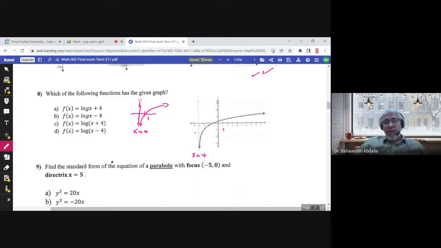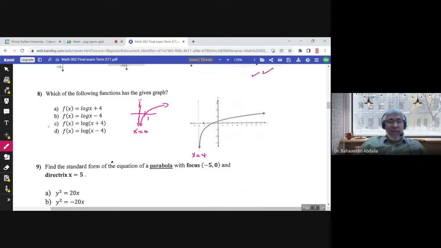So in fact, this graph should pass by this point. But anyway, it's clear that the asymptote has been taken to the left 4 units.